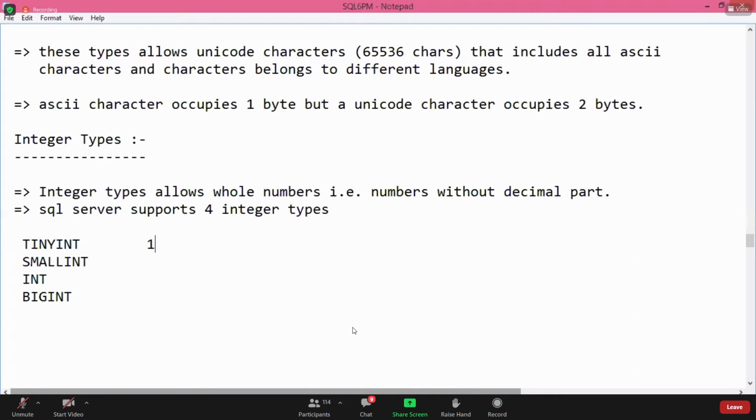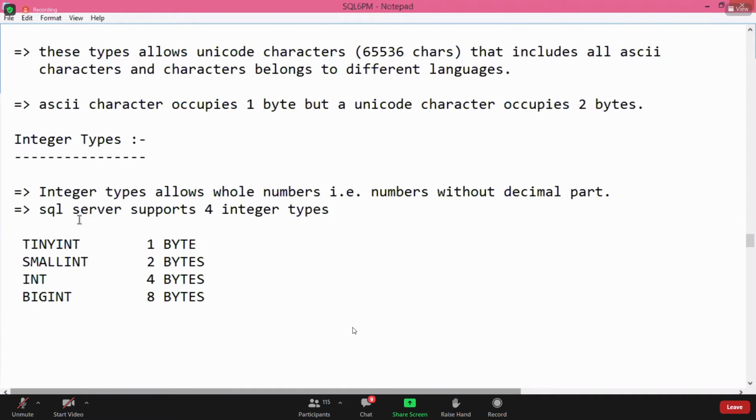How much memory do they take? Tinyint takes 1 byte of memory. Smallint takes 2 bytes. Integer takes 4 bytes. Bigint takes 8 bytes. So the memory is 1 byte, 2 bytes, 4 bytes, 8 bytes.